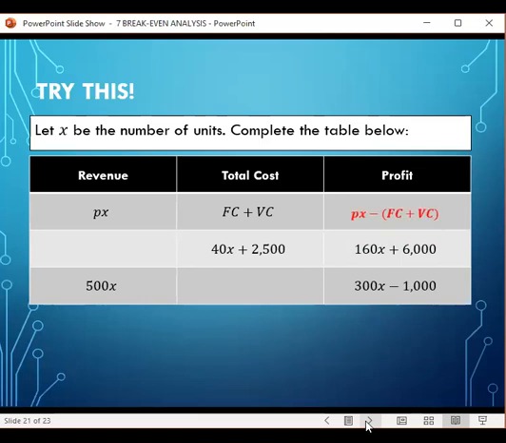Okay, so very good. We have a profit of PX minus the quantity of FC plus VC. Okay. You can also rewrite this as PX minus FC minus VC.